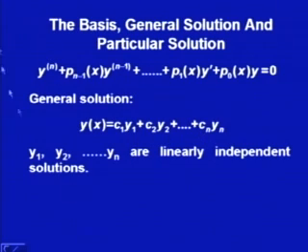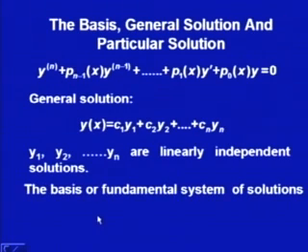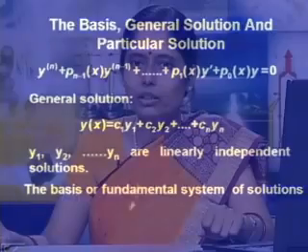Now, these linearly independent solutions of this equation are called a basis or fundamental system of solutions. Since this is an nth order equation, it will have n linearly independent solutions, and those n linearly independent solutions form the basis or the fundamental system of solutions.